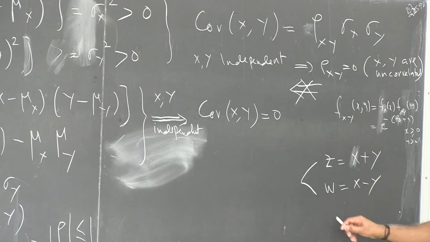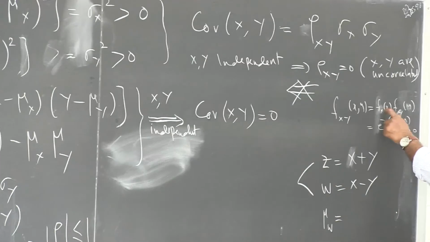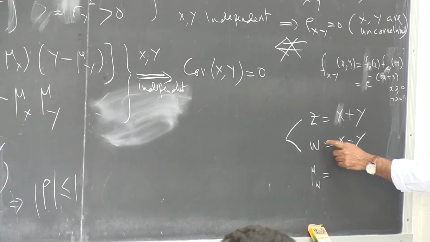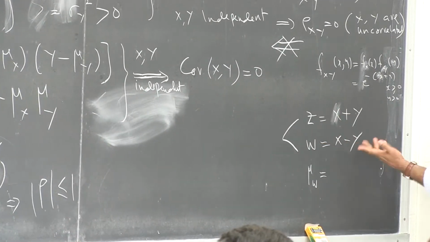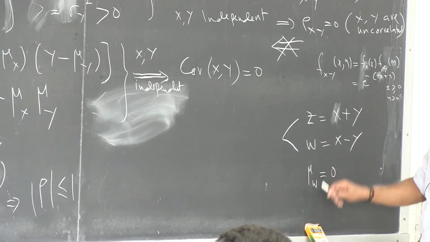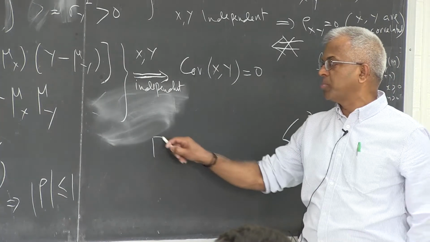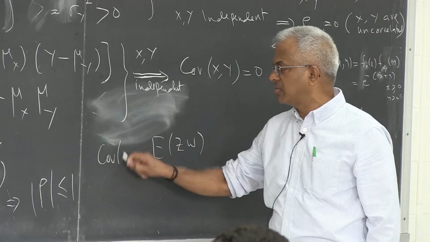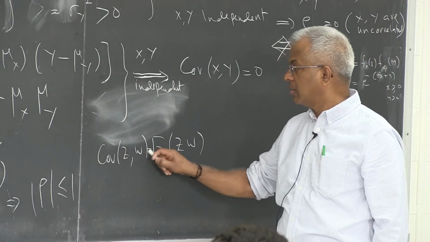So uncorrelated is easy. What is the mean of W? Anyone? You can see these are identical random variables, so they have the same mean. So whatever the mean of this is, it is 0. And so let's look at the expected value of ZW. So the covariance of z comma w is what?